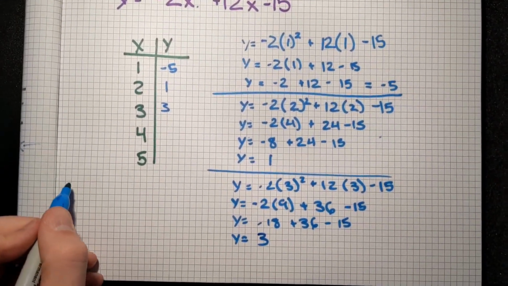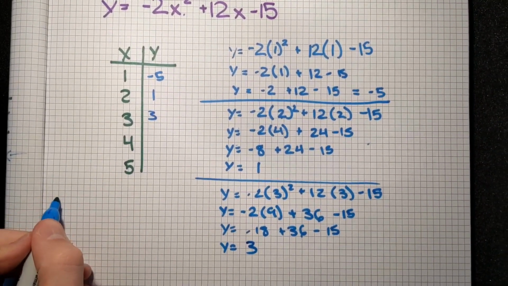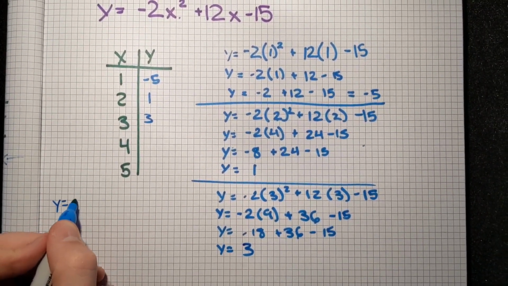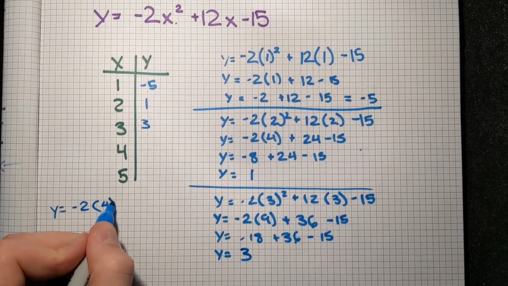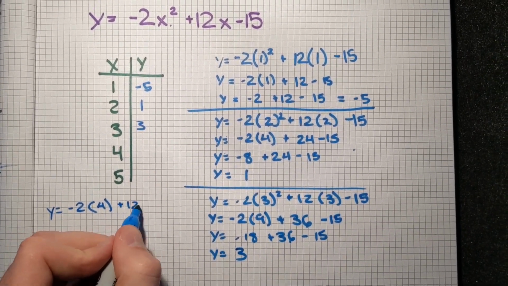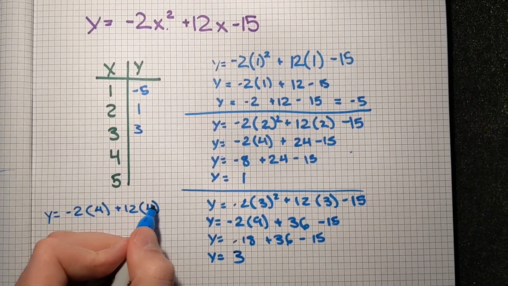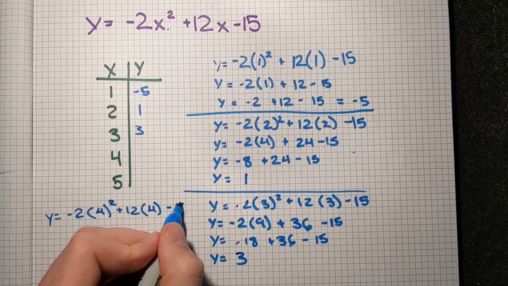Last one I'll do work on. So we'll do number 4 finally. We're running out of room. So y equals negative 2 times 4 squared plus 12 times 4 minus 15.